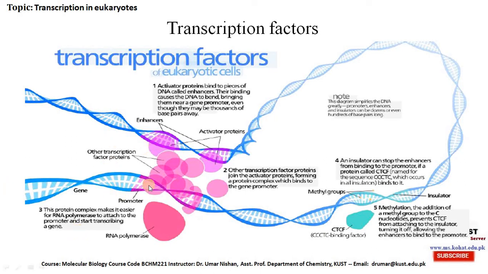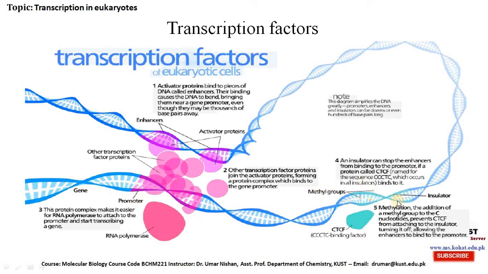So this is just a diagram that simplifies the DNA greatly and shows some key regions like enhancers, activator proteins, some genes, some promoter region.